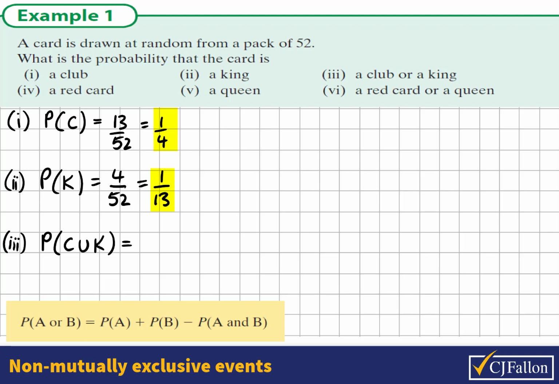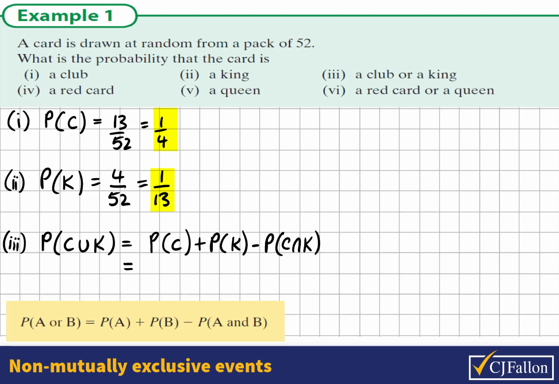So the formula for this is that the probability of being a club or a king is the probability of club plus the probability of king, take away the probability of it being both a club and a king. You could see why this works if you created a Venn diagram for the problem as well, which I'll do in a second.